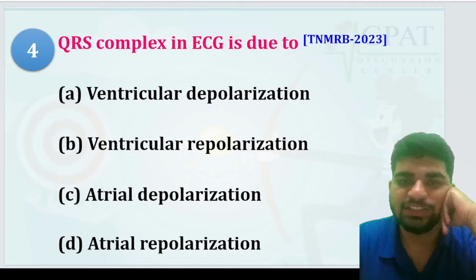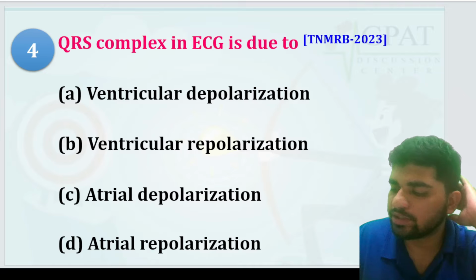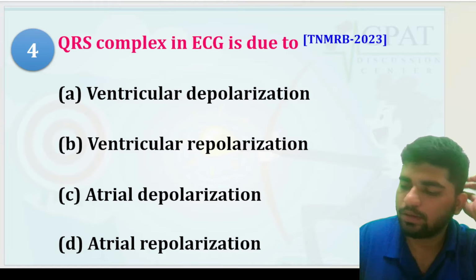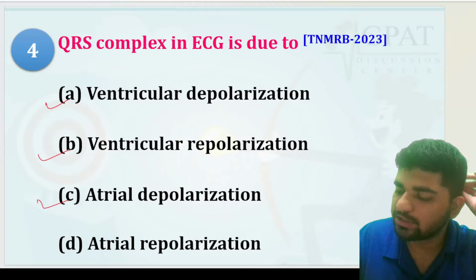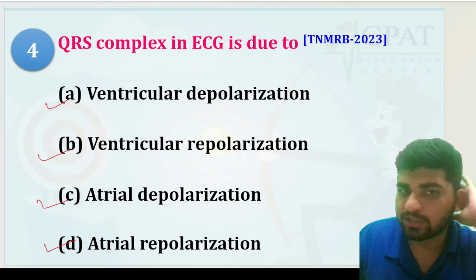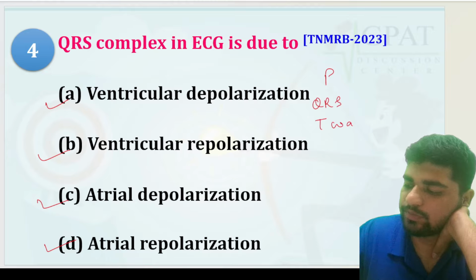The QRS complex in ECG is due to ventricular depolarization, ventricular repolarization, atrial depolarization, or atrial repolarization? Let me make you understand: there is a P wave, then the QRS complex, and then the T wave.